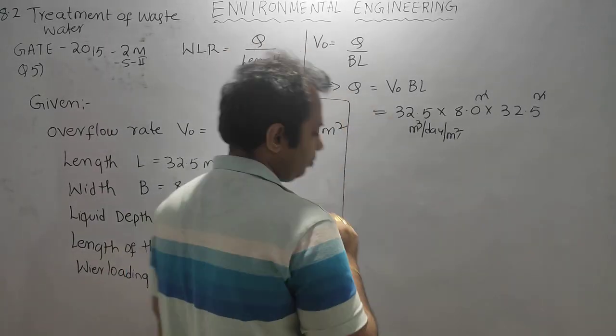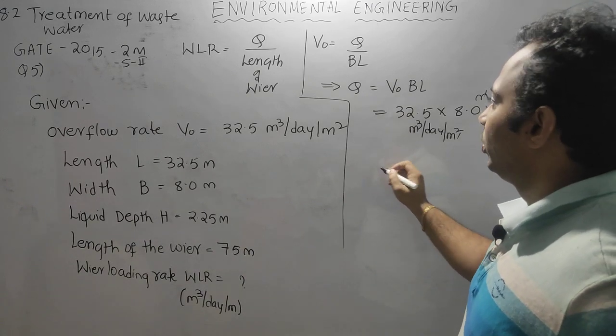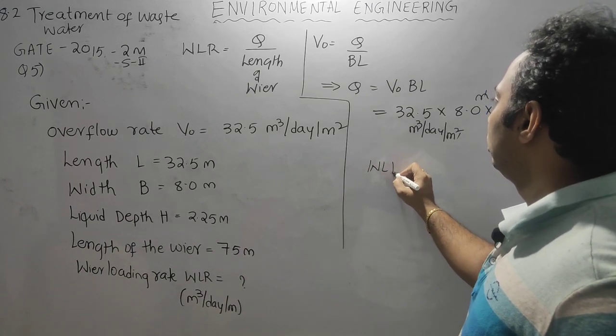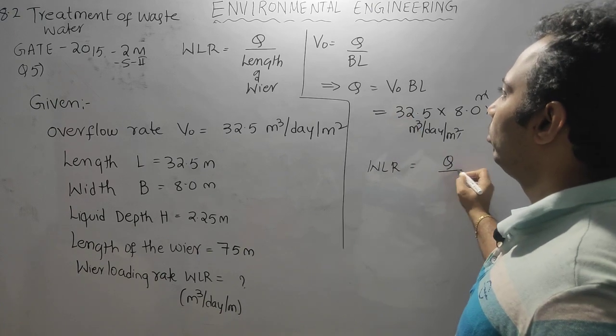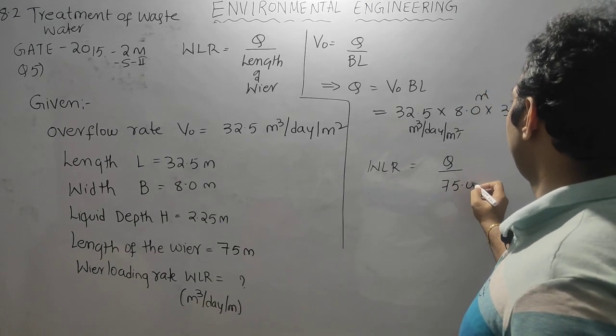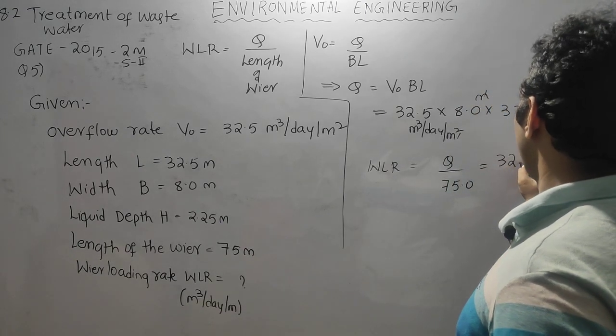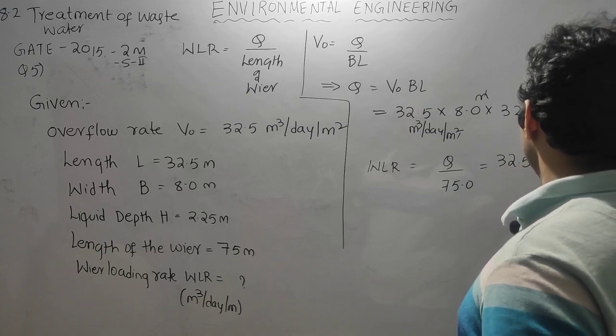Now weir loading rate is equal to this Q by the length of the weir, which is 75. So that is equal to 32.5 into 32.5 into 8 by 75.